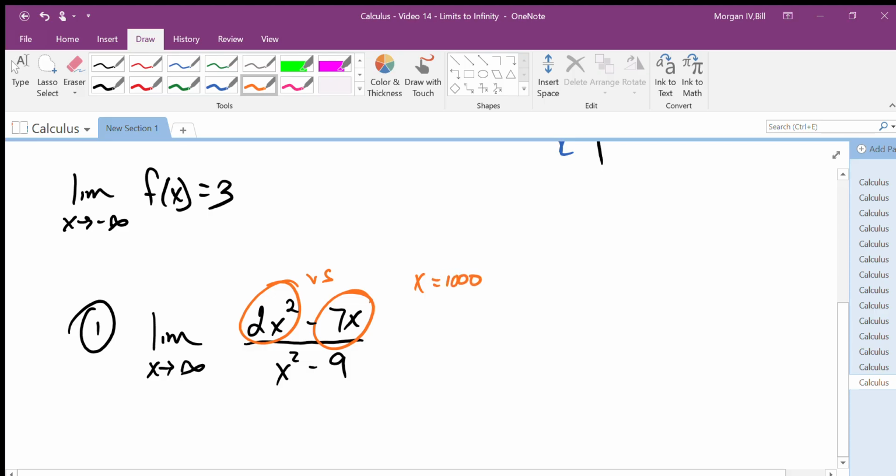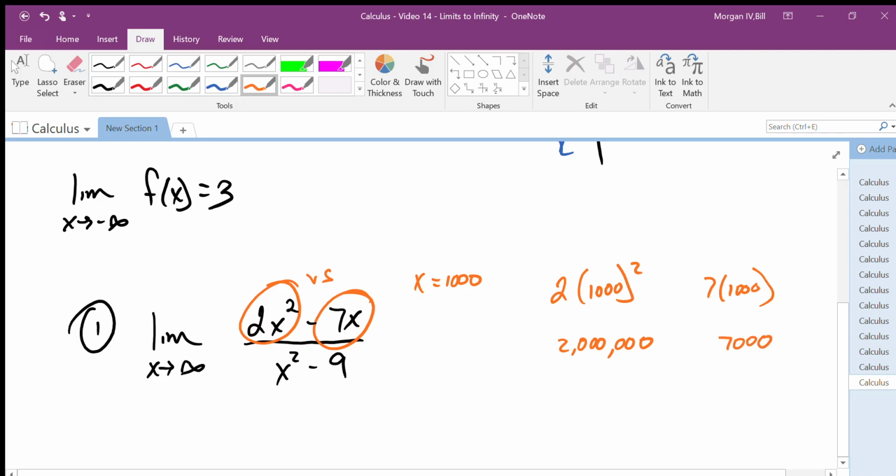If x is 1,000, you have 2 times 1,000 squared, and then the 7 times 1,000. They're subtracted in between there, but the point is 2 times 1,000 squared, that'd be 1, 2, 3, 4, 5, 6 zeros, so 2 million, versus 7 times 1,000, which is 7,000.